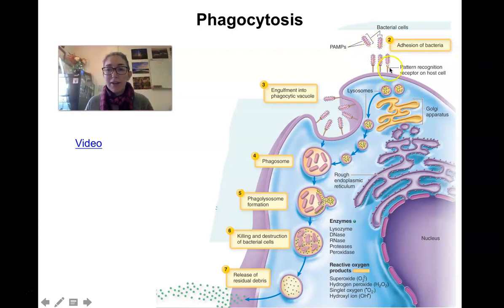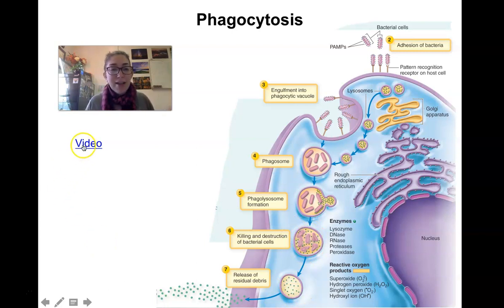So this is the pattern recognition receptor on the white blood cell, the PRR. And these little things sticking off the bacteria are the PAMPs, the pathogen-associated molecular patterns. They get recognized, phagocytosis occurs, you get engulfment, and then the bacteria are inside this phagosome, like a vacuole, which then fuses with a lysosome. You can see that coming in, and those enzymes digest the bacteria, and then the waste is excreted, just released out of the cell.